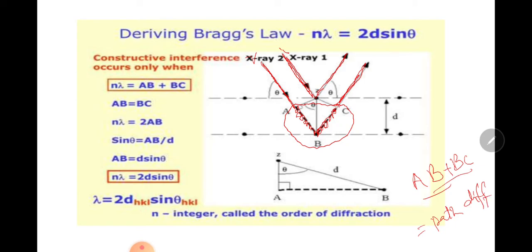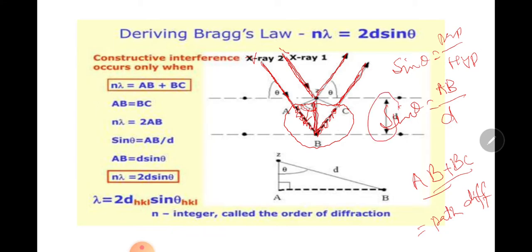So we can calculate it by using trigonometry. This is sine theta. Sine theta is equal to perpendicular by hypotenuse. The side in front of the angle is the perpendicular, which is AB, and the hypotenuse is equal to d. So AB is equal to d sine theta.